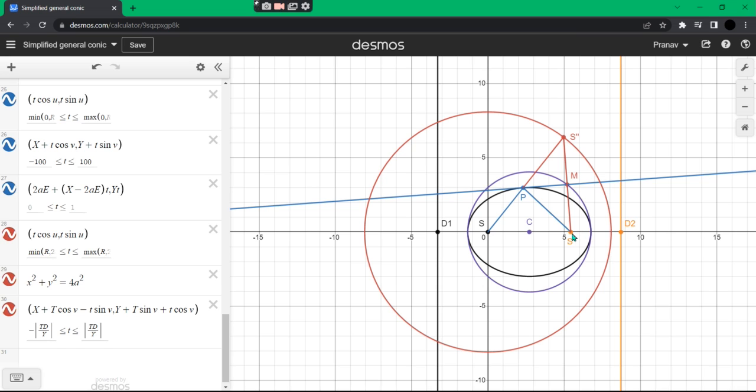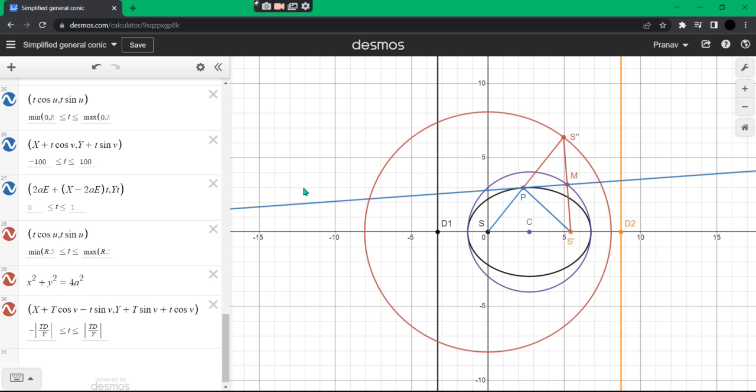Whenever you reflect S dash about this tangent, that image will actually go to this point. So these two will in fact be exactly the same point. That's kind of important. How do we know for sure? You can do some easy geometry. First of all, these two angles must be the same: angle S dash PM and S double dash PM, the same reflective property.